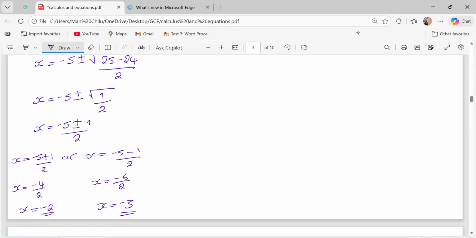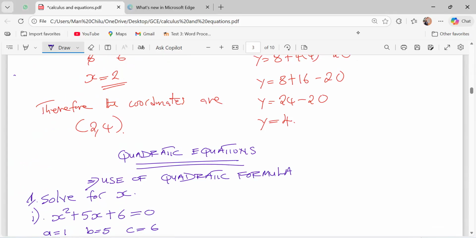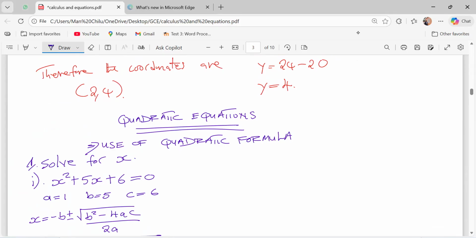So that's the first example on solving using the quadratic formula. And the second example is that we are given 3x squared minus 7x equal to 12. So what we can do, the 12 has to come this side.